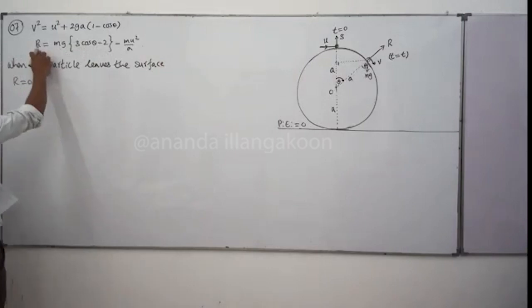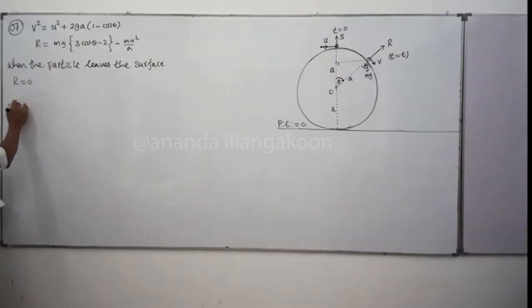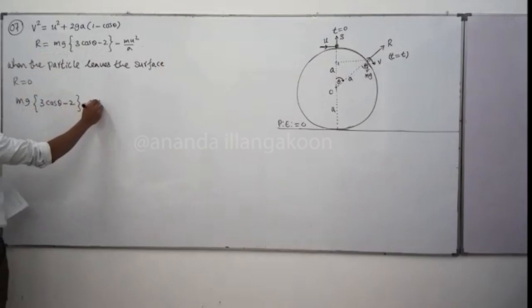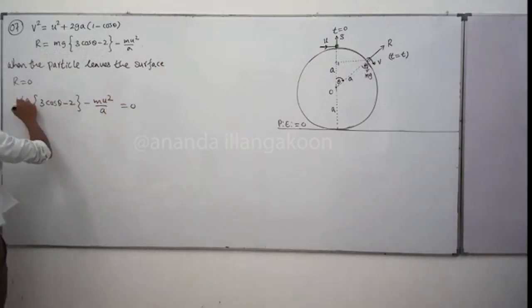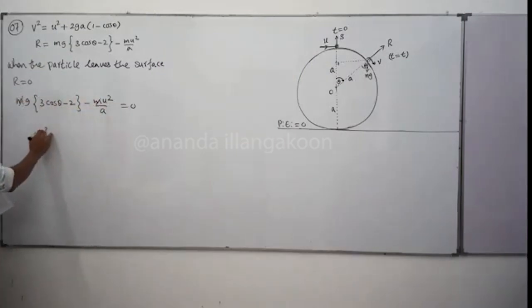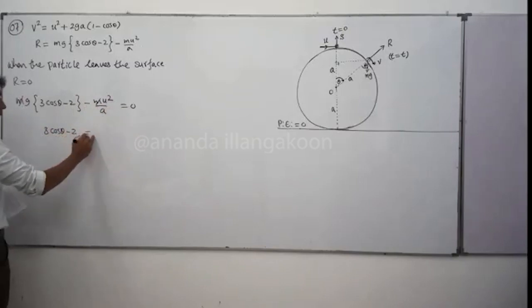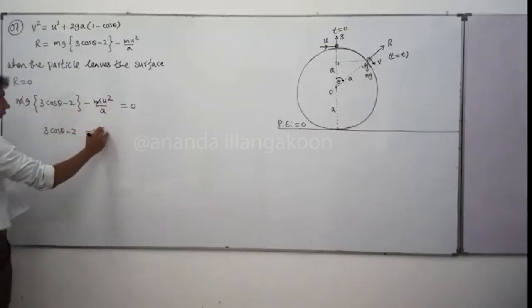Put R equals 0 here. I am searching for R. Mg times (3 cos theta minus 2 minus u squared upon a) equals 0. Cancel m. Then 3 cos theta minus 2, take it to the right-hand side and divide by g: u squared upon ga.